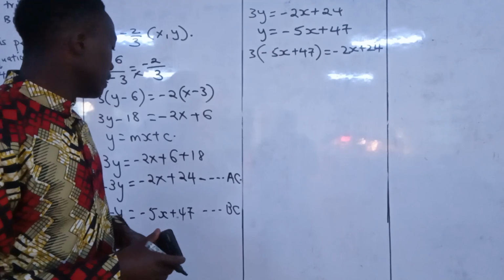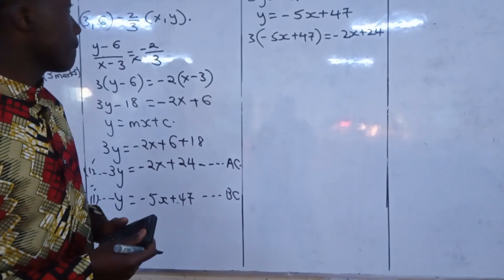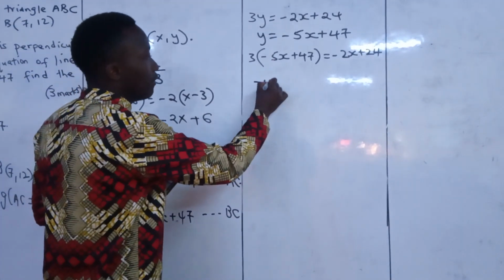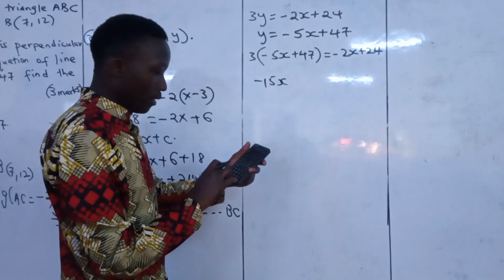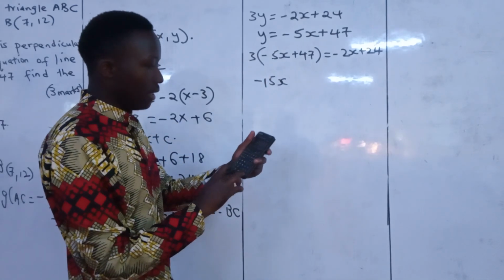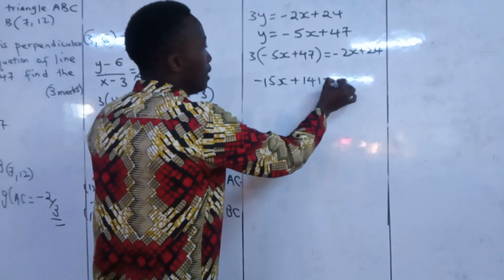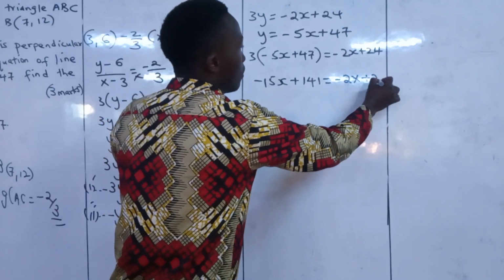Having that in mind, we can now continue and say 3 times negative 5x is equal to negative 15x. 3 multiplied by 47 will give us 141, so 141 is equal to minus 2x plus 24.